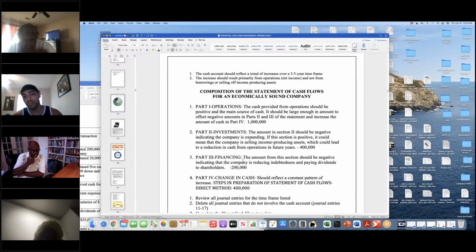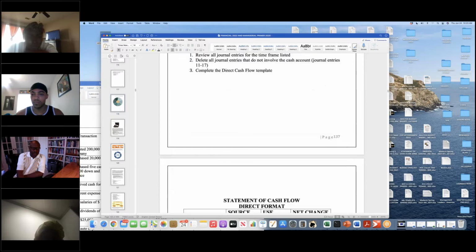And probably more importantly, companies can engage in unethical accounting practices, and the statement helps detect those if it's been prepared and looked at. And so it is a key statement. We just touch on it here. We look at it more in Principles 2.